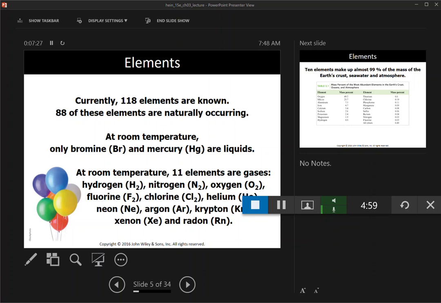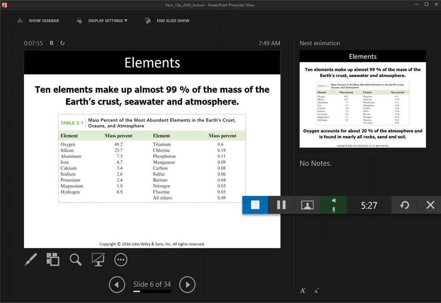And there are some elements in the periodic table that are found naturally in a gaseous state. Those are hydrogen, oxygen, nitrogen, chlorine, bromine also in a gaseous state, and inert gases, which are helium, neon, argon, krypton, xenon, and radon. So we'll talk about these elements and their properties more throughout the chapter.